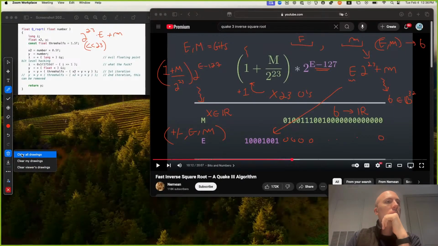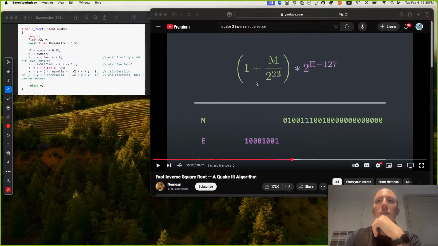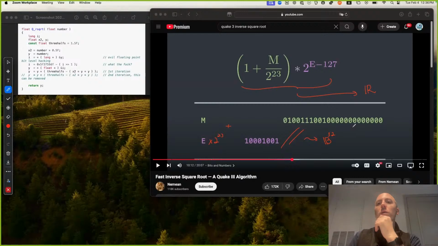Just getting the domain down: this whole thing outputs a real number, versus you just have E and M, and you take E times 2 to the 23rd, and then you add it to M. That gets you a 32-bit number.